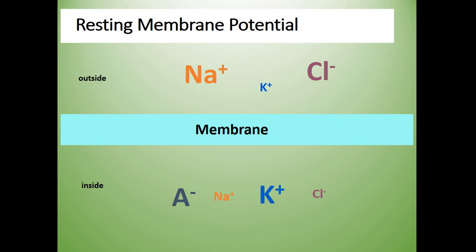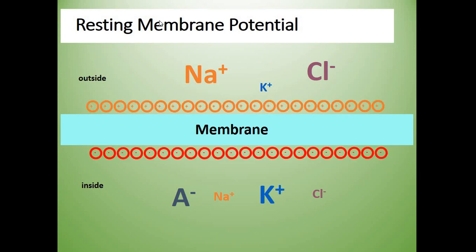As a result, in a resting phase of a cell, there is a heavy concentration of the cations, that is the sodium ions, outside, and the inside of the cell has a heavy concentration of the anions. As a result, the resting phase of a cell is positive outside and negative inside. So this is how it appears.